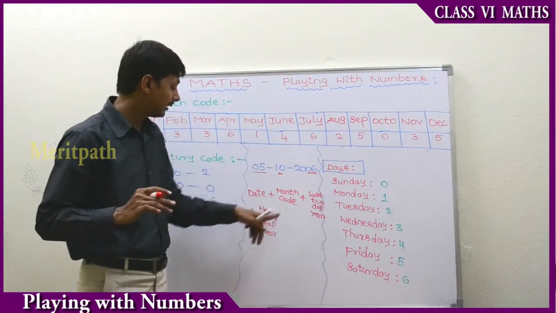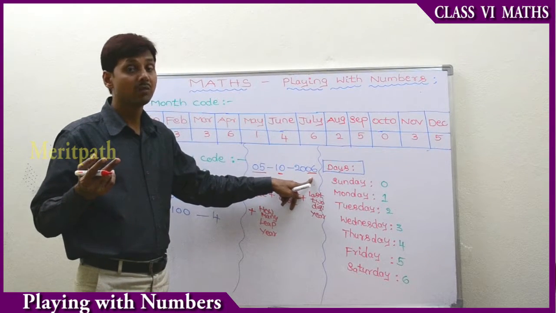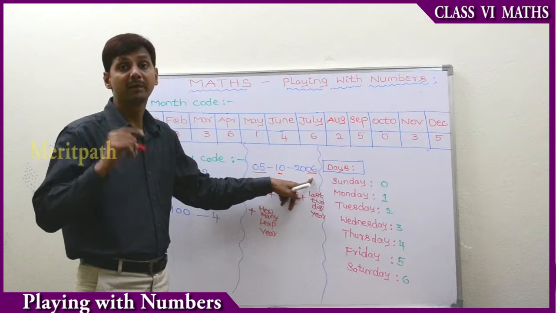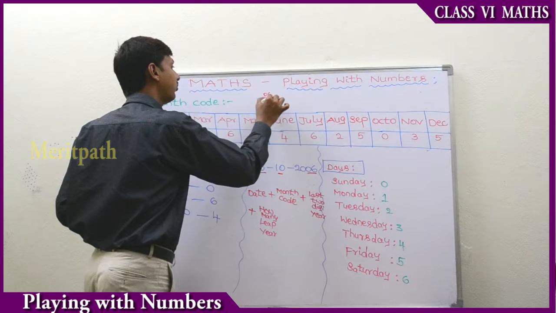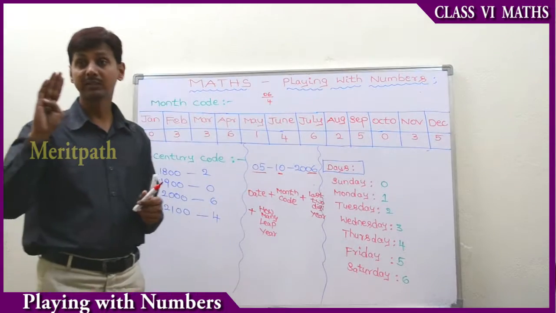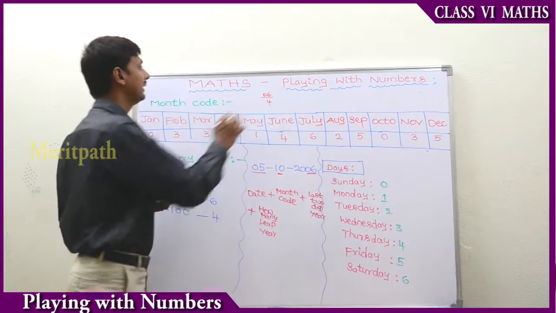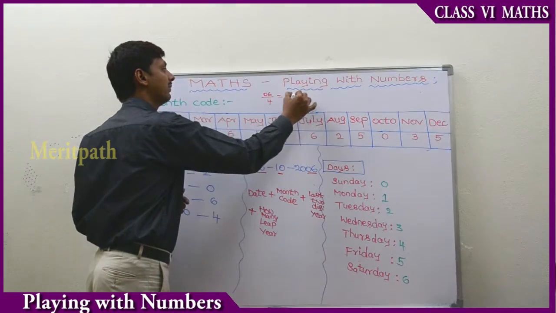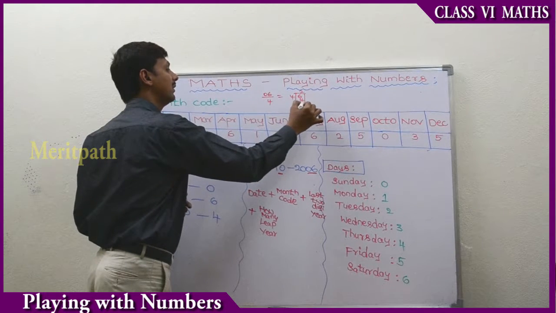Finding the number of leap years, here 06, the number of leap years is 1. How we find it: we divide 06 by 4, because for every 4 years we get a leap year. 6 divided by 4, 4 cancels 1 time and 2 will be the remainder.